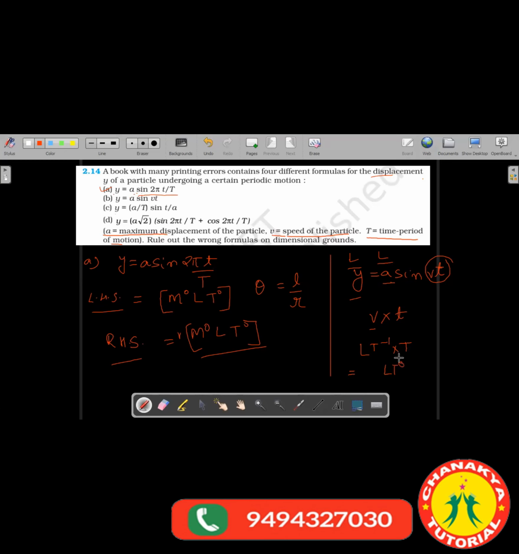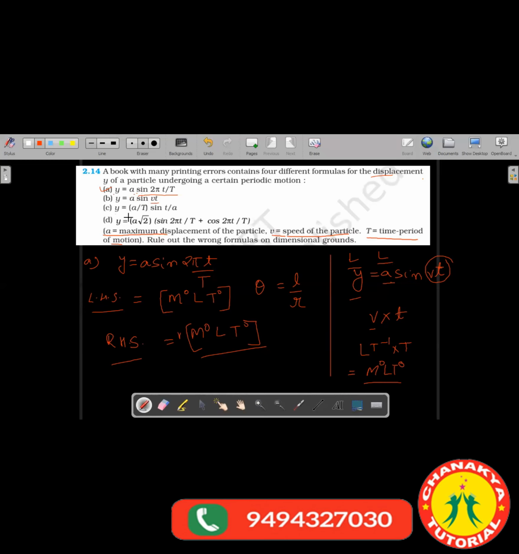Okay, sir. So we get the dimension here M0, L, T0. So these are the dimensions of theta. In the second formula, we observe that theta has a dimension. Here it should be a sine theta, and theta should be dimensionless.